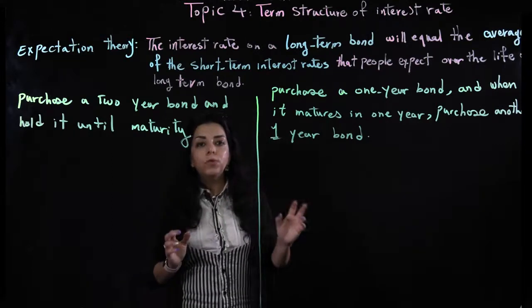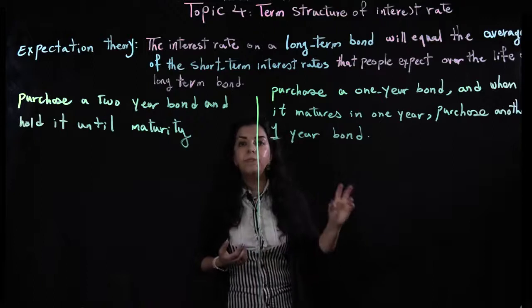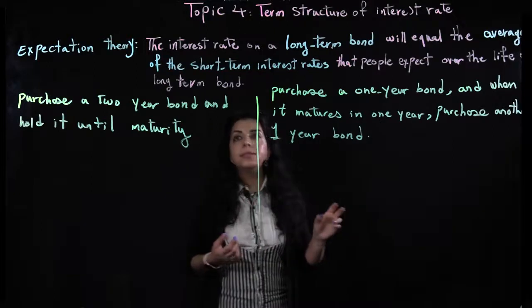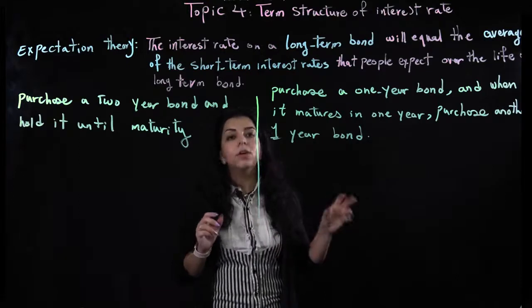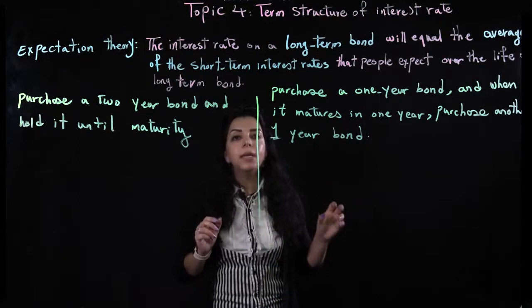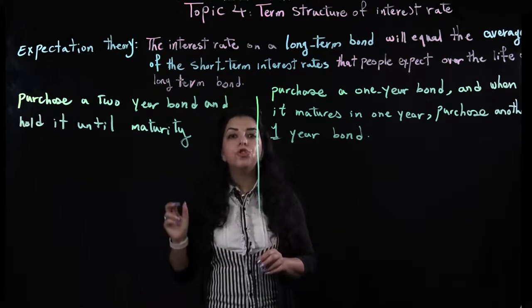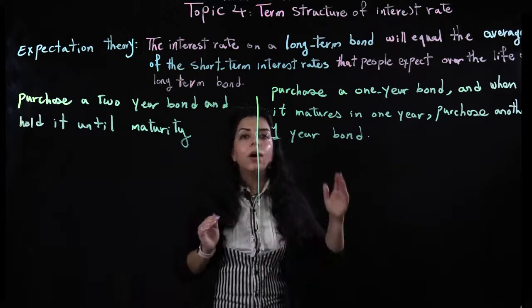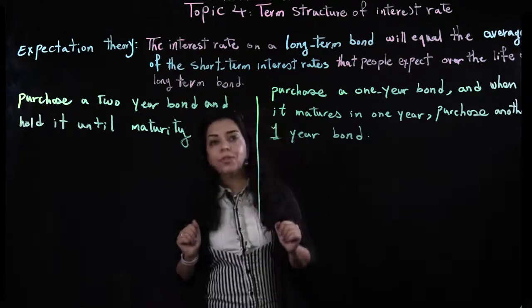So once we want to know how much is the expected interest rate of a 5-year bond, the expectation theory is saying that the expected interest rate of a 5-year bond is equal to the average of the expected short-term interest rates until 5 years. So until 5 years, how many short-term interest rates do we have?